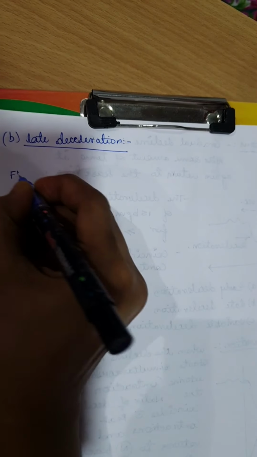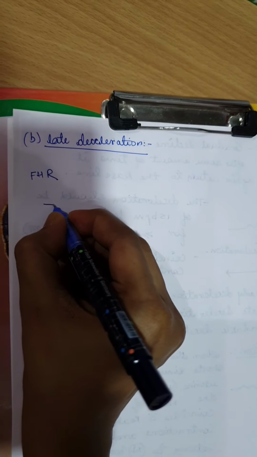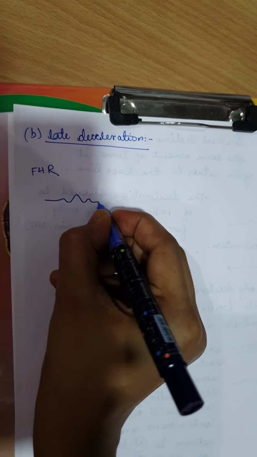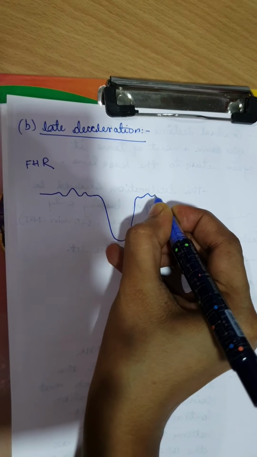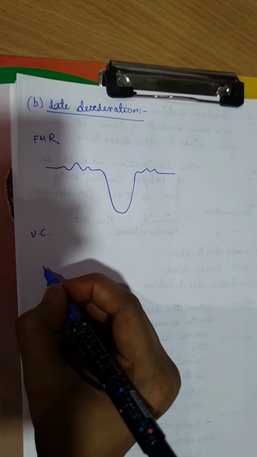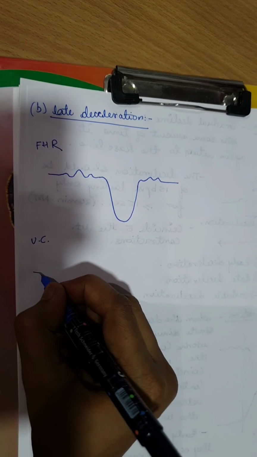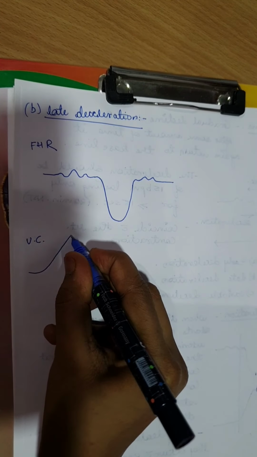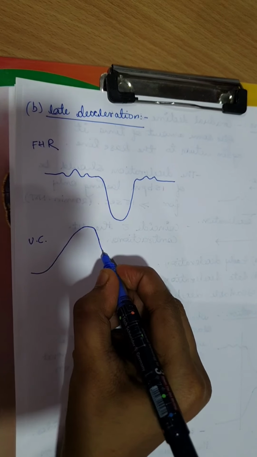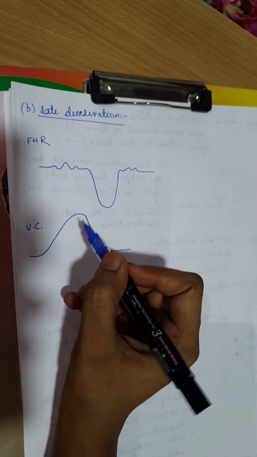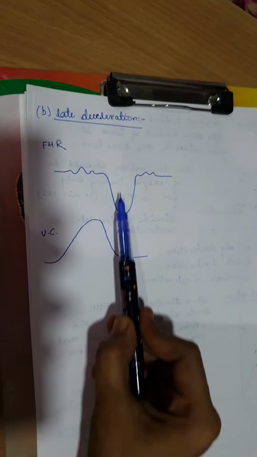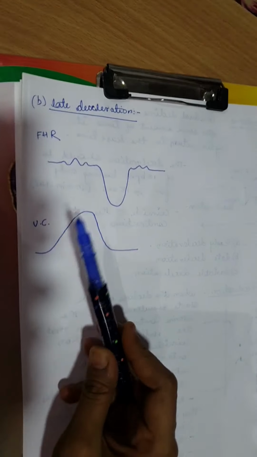So we'll see over here, if this is the fetal heart rate, these are the variable baseline. There is a gradual and symmetrical decline in the fetal heart rate. What will occur with the uterine contractions? The uterine contraction has already started. So here we'll see this does not occur simultaneously.